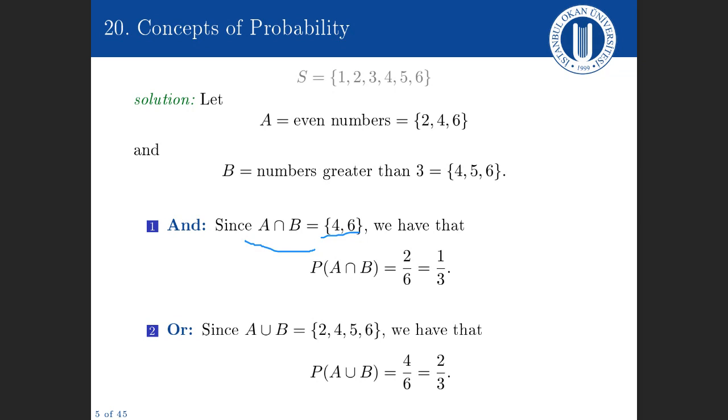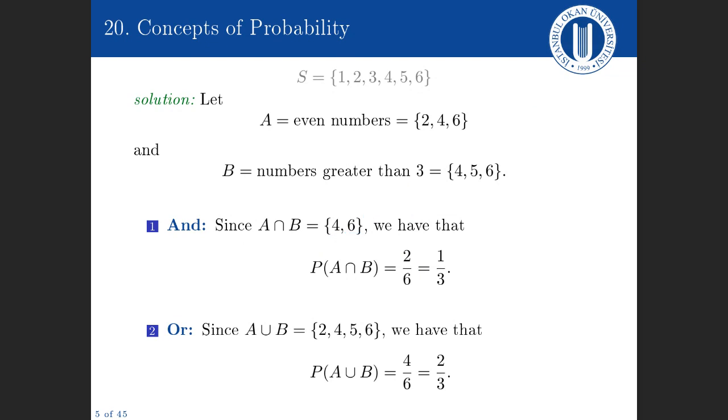It's the number of elements in the event divided by the number of elements in the sample space. In the set A intersection B, we have 2 elements, 2 simple events. In the sample space at the top, we have 6 simple events. So the probability of A intersection B is going to be 2 divided by 6, or 1/3.